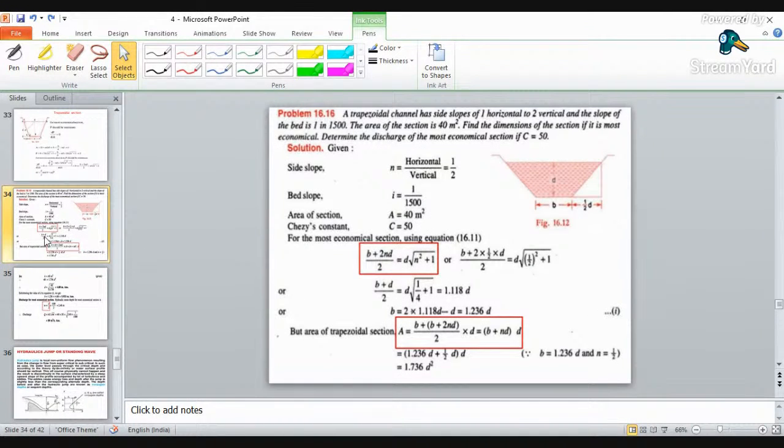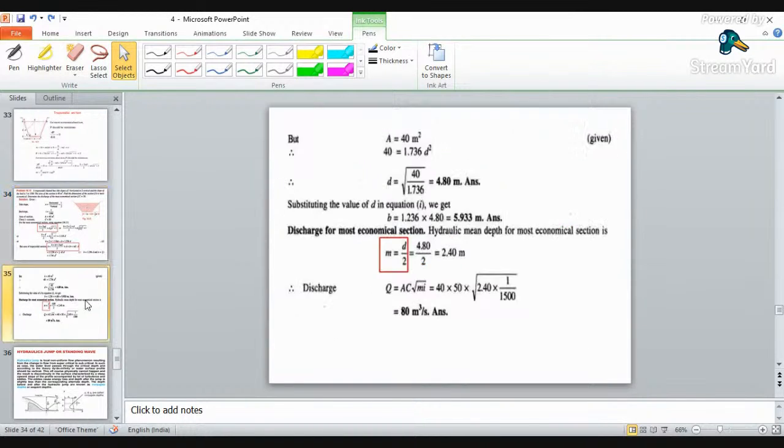By rearranging this equation you will get an equation in terms of d, and put that equation in terms of d into the area, as area is given to you, and you will get your depth value. Okay, then you have to find your discharge. So discharge is equal to A into C square root of mi, by using Chezy's constant.